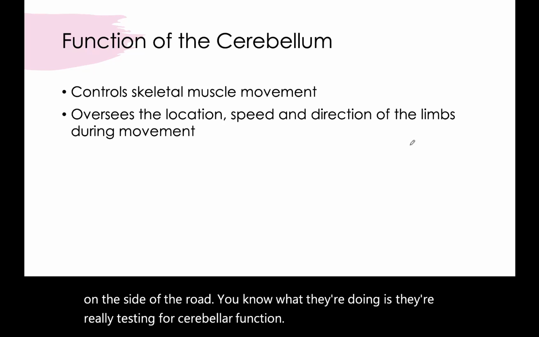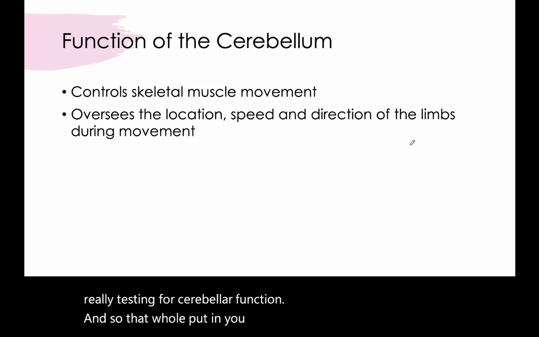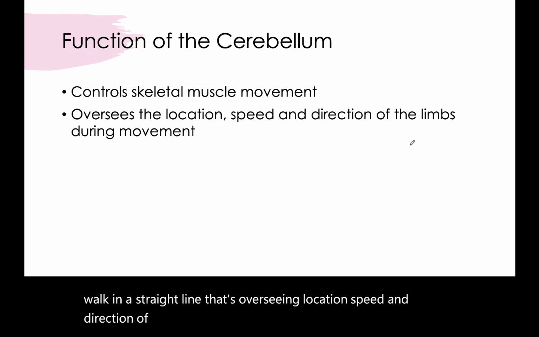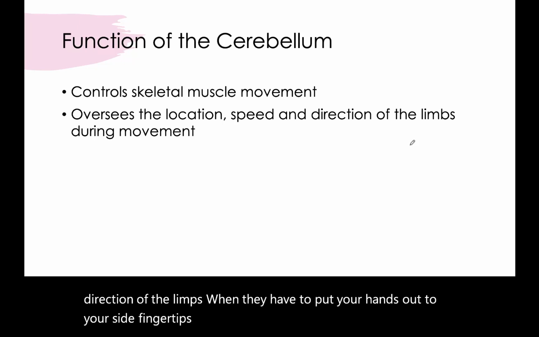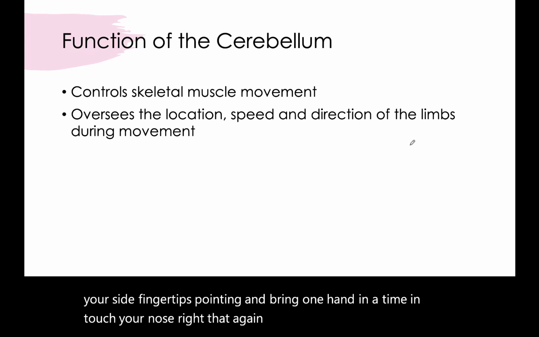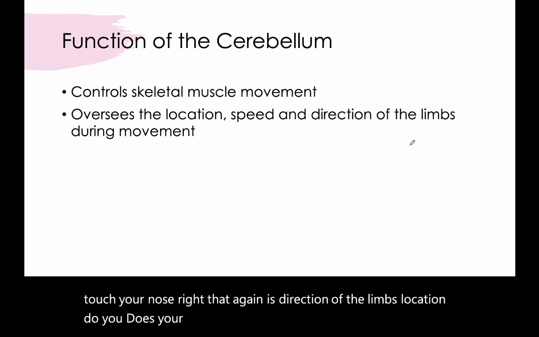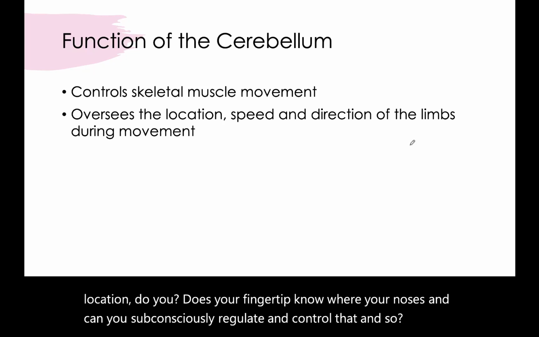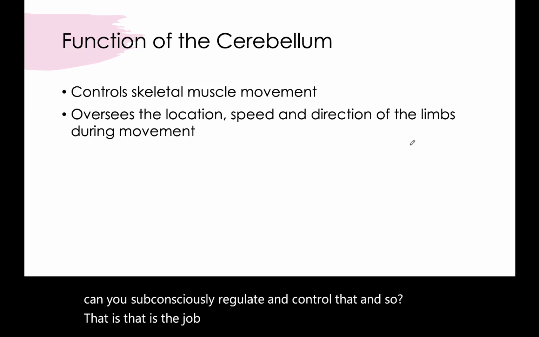So that whole putting one foot in front of the other and walking in a straight line, that's overseeing location, speed, and direction of the limbs. When they have you put your hands out to your side, fingertips pointing, and bring one hand in at a time and touch your nose, that again is direction of the limbs, location. Does your fingertip know where your nose is, and can you subconsciously regulate and control that? That is the job of the cerebellum.